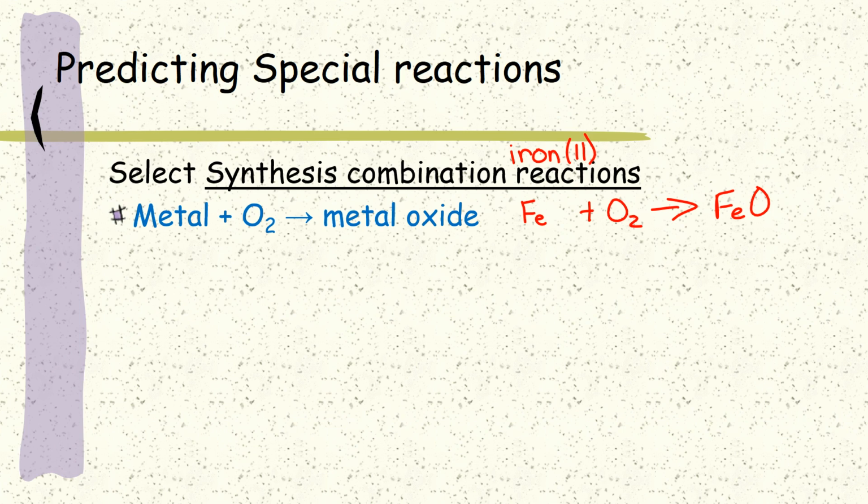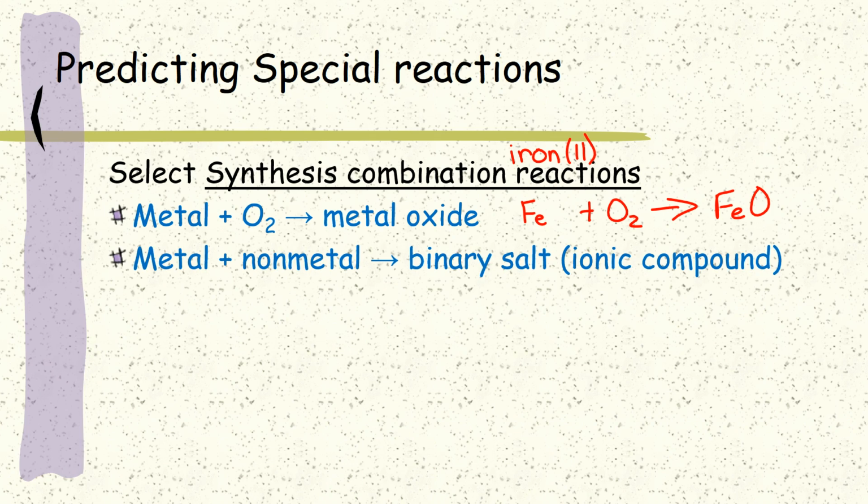Technically, that is a type of combustion. That's why the little hand warmer things that you put in your pockets when you're camping work. That is the reaction that's happening. All right. The next one is a metal plus a non-metal. Whenever we have a metal and a non-metal, we talked about this yesterday with acid and base neutralization reactions.